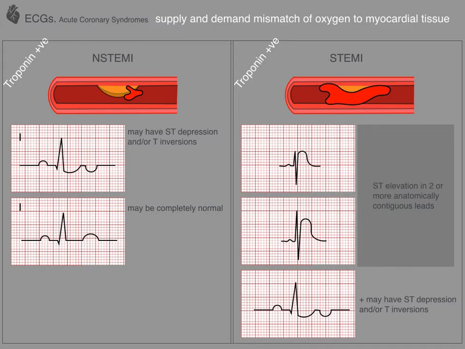But there will always be ST elevation in 2 or more anatomically contiguous leads. These patients will have positive troponins when their bloods are drawn, but we don't need to draw their bloods. If they meet the criteria for ST elevation in 2 or more leads, they should be immediately referred for revascularization for primary PCI, well before anybody takes their bloods.